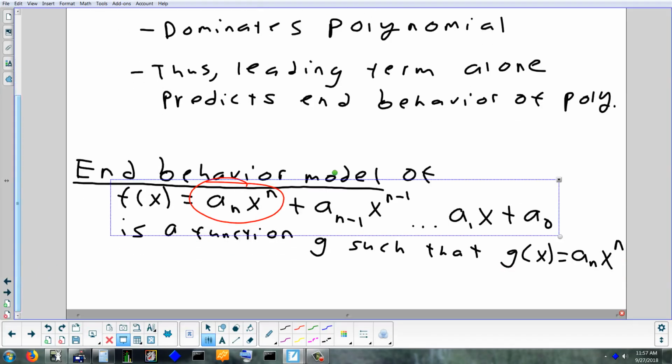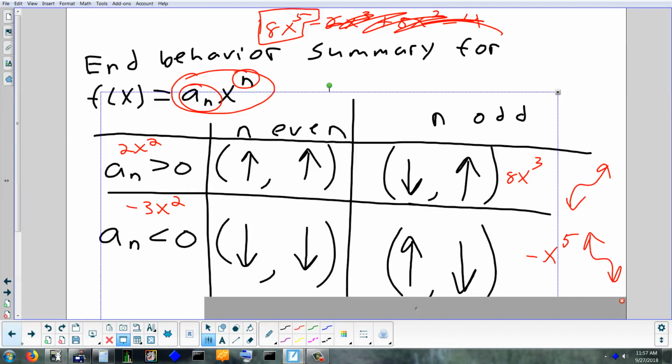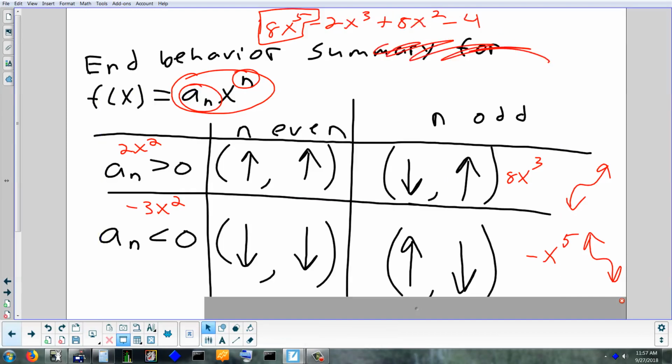And the thing that I just circled, a sub n times x to the n, we call that the end behavior model. I'm going to abbreviate that EBM from now on. So if I went back to this one, and I asked you for the end behavior model of what I have in red at the top, you would say 8x to the fifth.